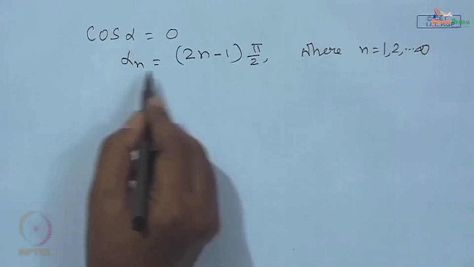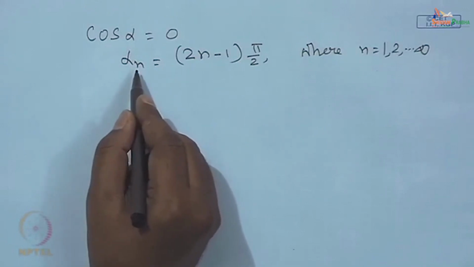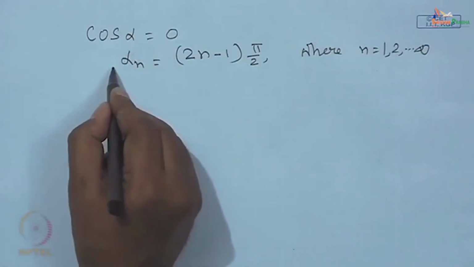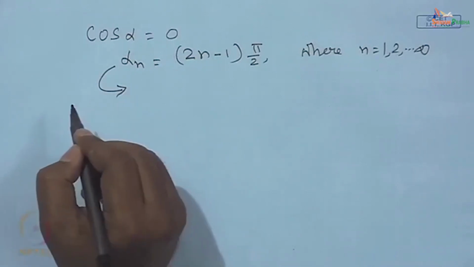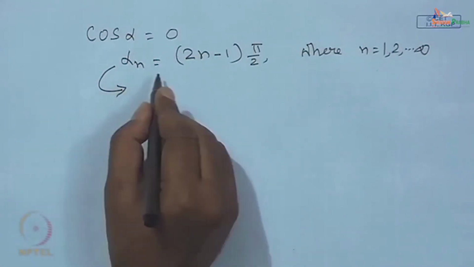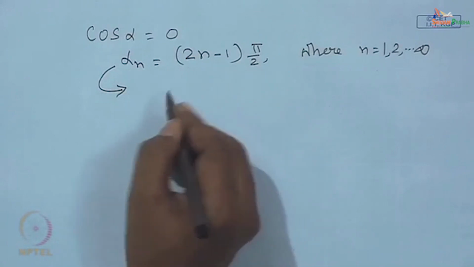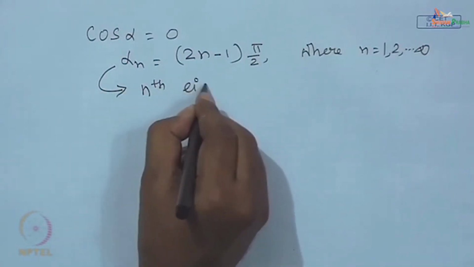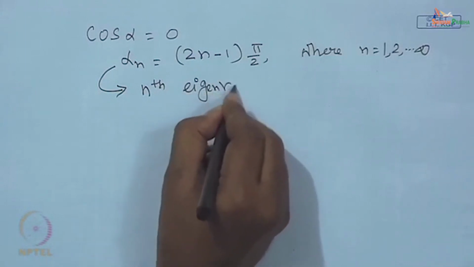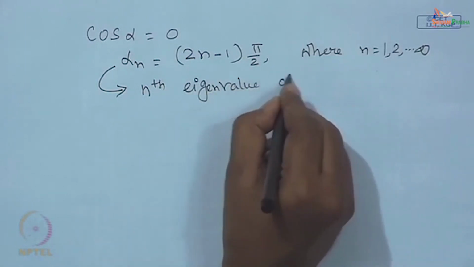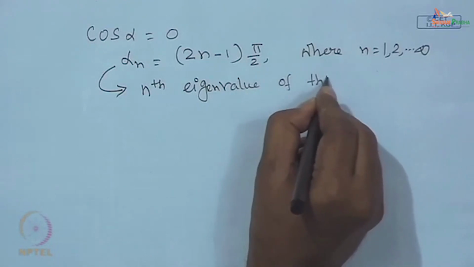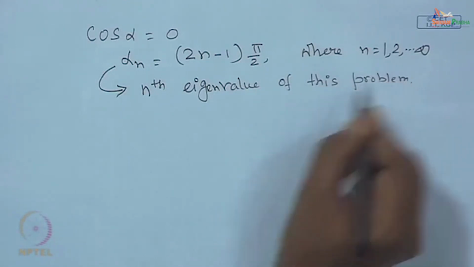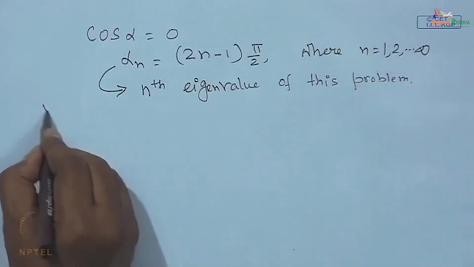Now, each of these values of alpha for which cosine alpha is equal to 0 is an eigenvalue for this particular problem. So, alpha n is equal to 2n minus 1 pi by 2 is the nth eigenvalue of this problem, and the corresponding solution is the nth eigenfunction.